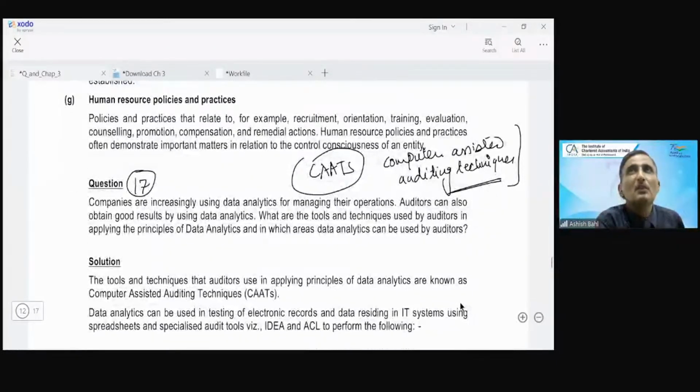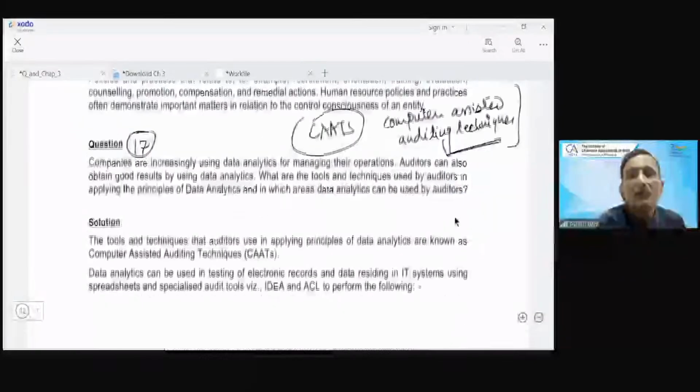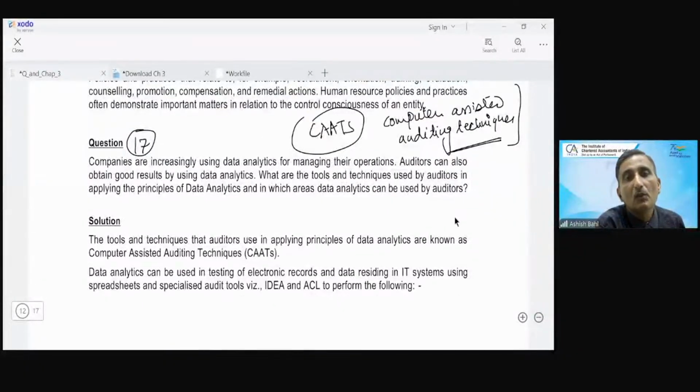And these can be used in many areas, right from the picking of samples to identifying risks, making calculations, making computations, evaluating the impact of control deficiencies, checking completeness of data. So you have to write this.